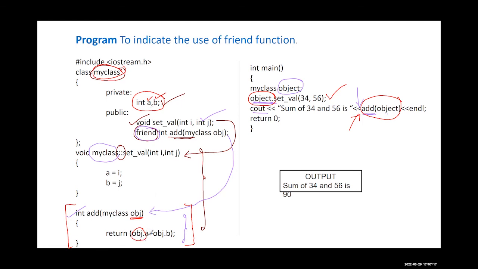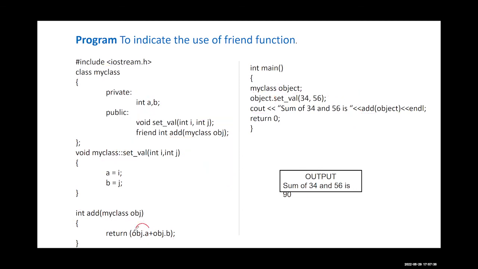So object.a and object.b. So it is mandatory for the friend function, if at all they want to access any member data of the class to which they are friends, they have to use the object dot operator. Without that, it is not possible for them to access the members, so that they know which particular class member they are accessing. I hope this is clear.